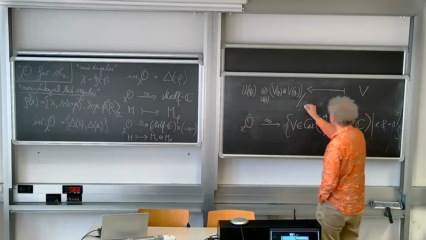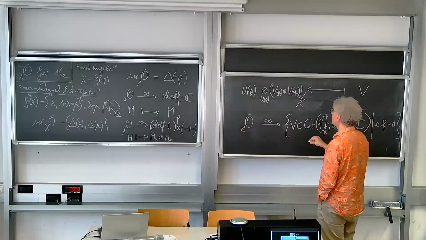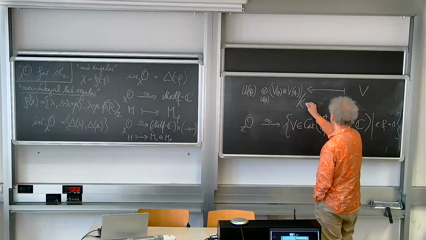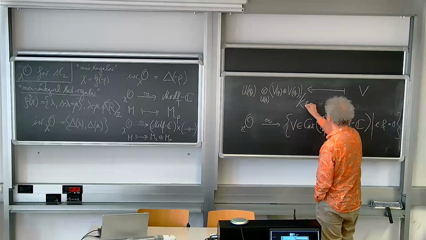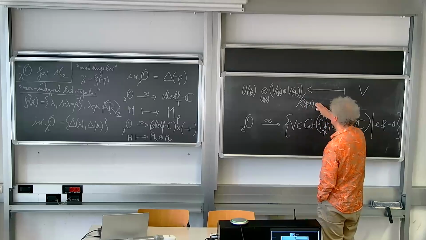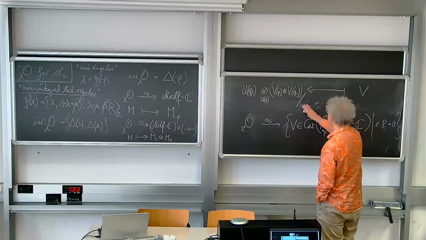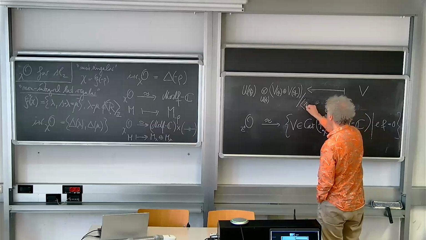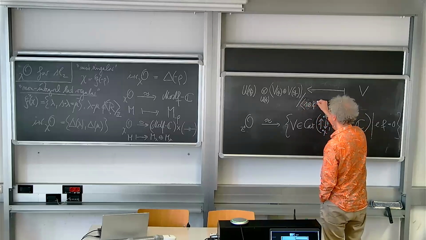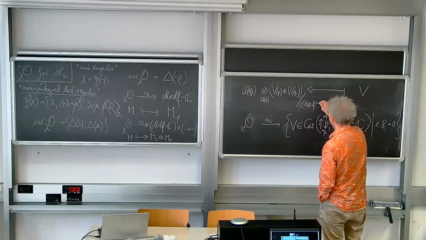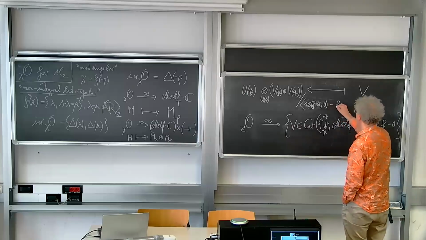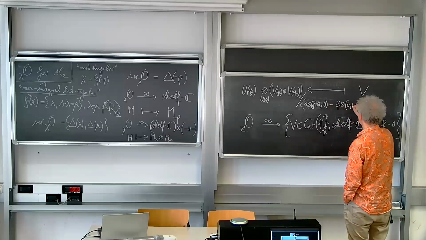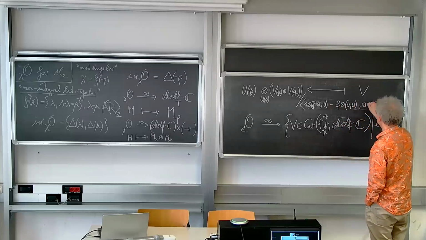We should divide out the submodule generated by the obvious thing: P is downstairs, so F times V tensor 1 tensor F W minus F tensor 1 tensor W, for all W in V(Q).